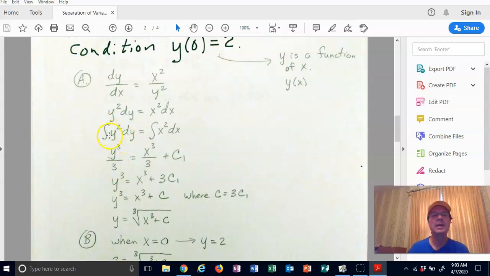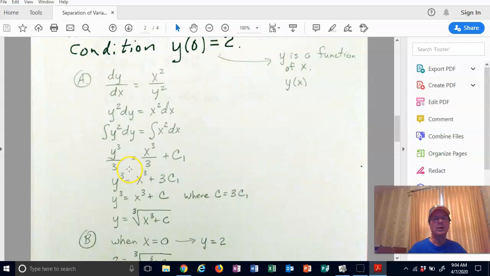Now, it is an indefinite integral, so normally you get a plus c. I'm just going to put the plus c on the right side. And when I integrate the right side, it's very similar. This will be x cubed over 3, or 1/3 x cubed, and I put my plus c. In this particular case, I'm putting a plus c sub 1, which you might see why in just a moment or two.